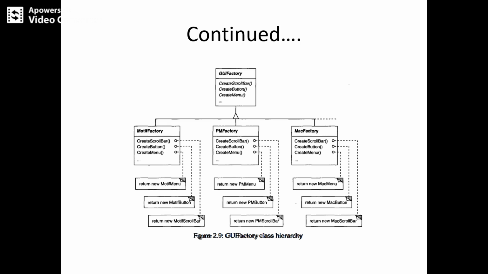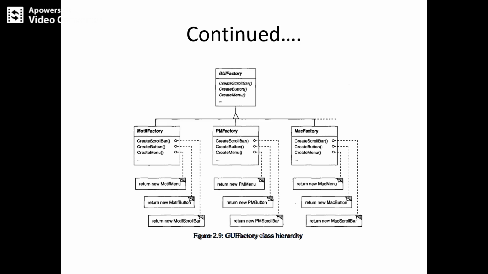In that diagrammatic representation, we have the resulting class hierarchy for graphical user interface factories of the object, whatever object will be taken. So we say that factories can create a product object.